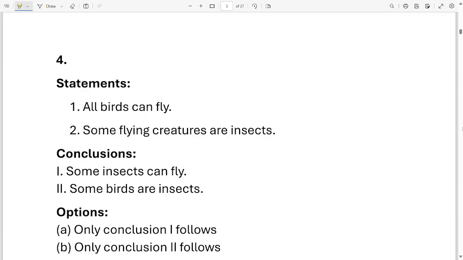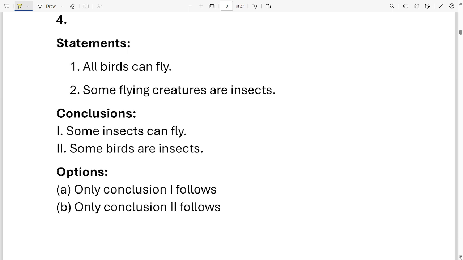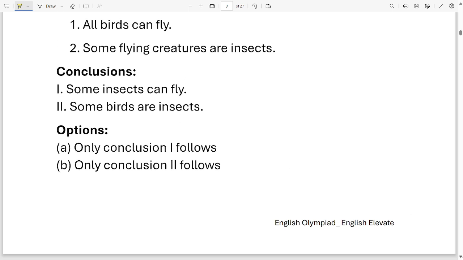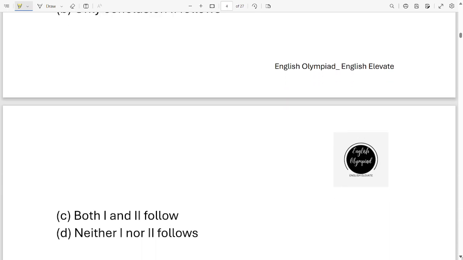Let's move on to the next one. All birds can fly. Some flying creatures are insects. Conclusions are some insects can fly, some birds are insects. So your options are only conclusion 1 follows, only conclusion 2 follows, both 1 and 2 follow, neither 1 nor 2 follows.